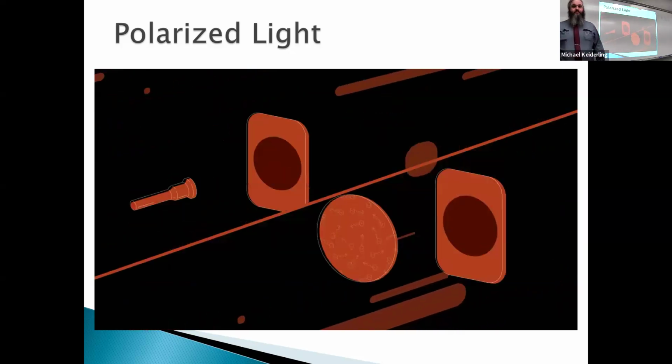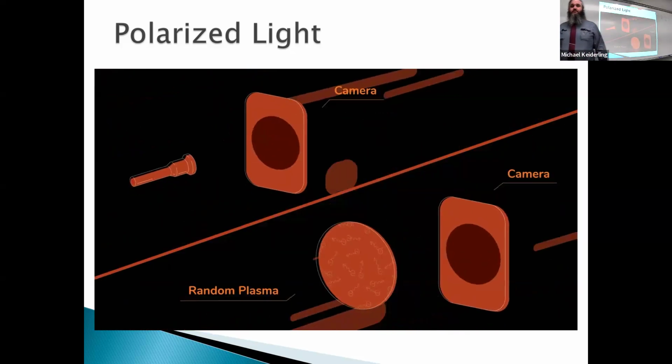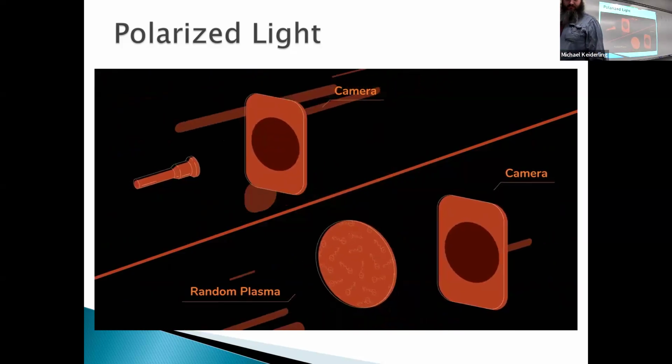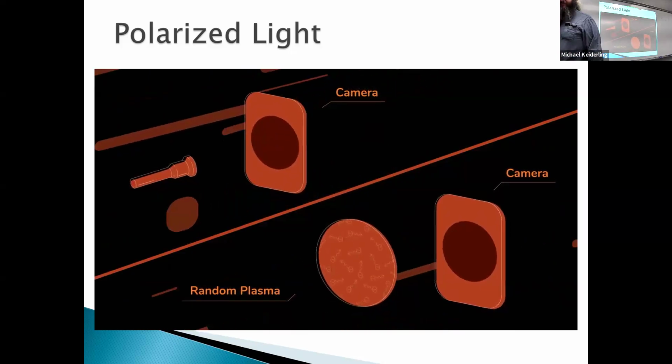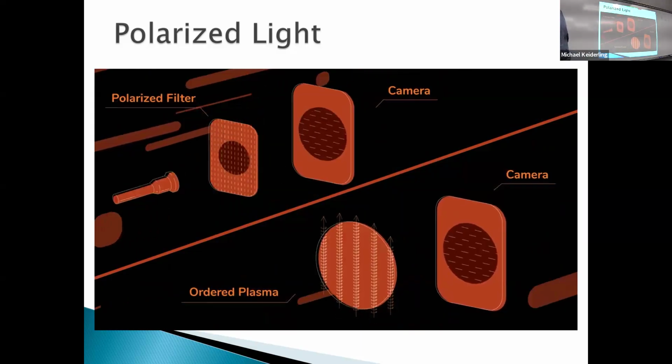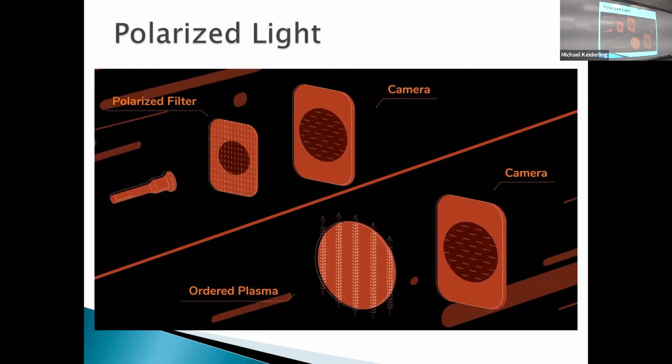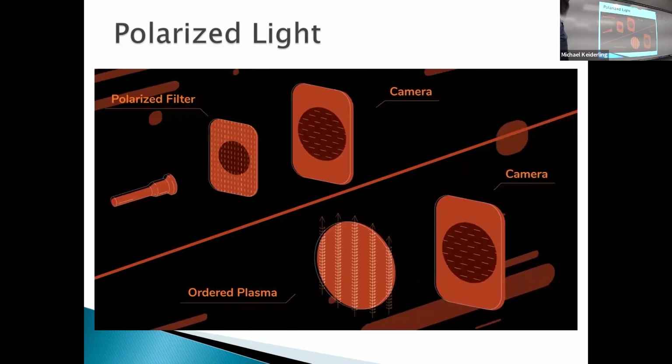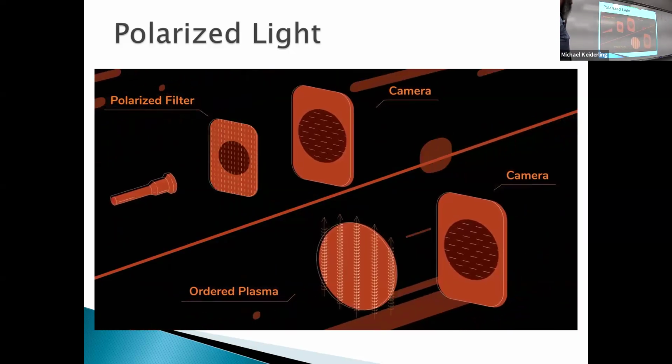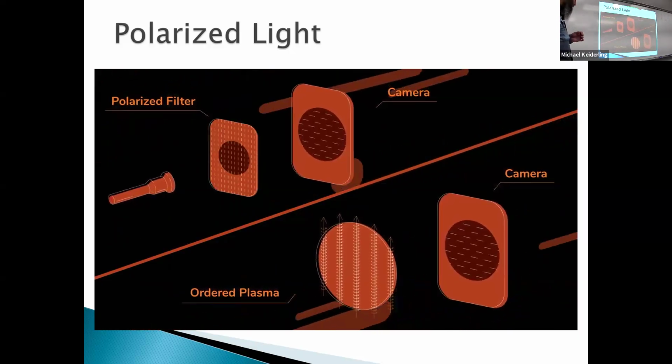In space, randomly moving hot gas or plasma emits unpolarized light, like the torch. Plasma threaded by a magnetic field is ordered and the emitted light is polarized. The magnetic field acts as a polarized filter.